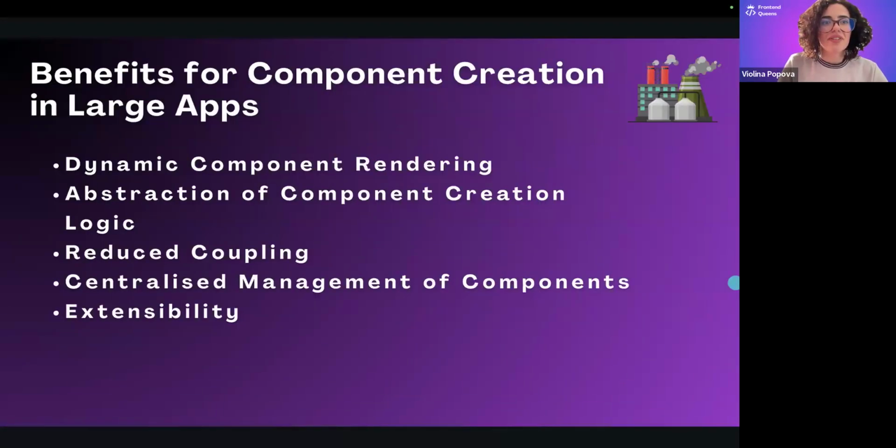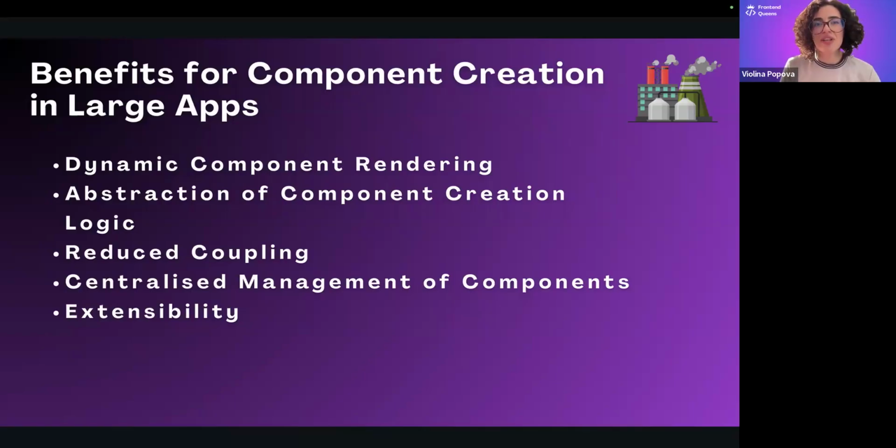The factory pattern can be very useful for different component creation in larger applications. Though, like any pattern, its application requires careful consideration. In the context of React apps, here's why and when it can be beneficial. The first thing is dynamic component rendering.